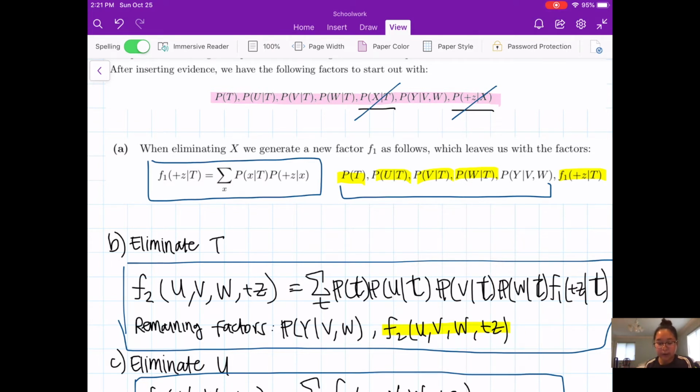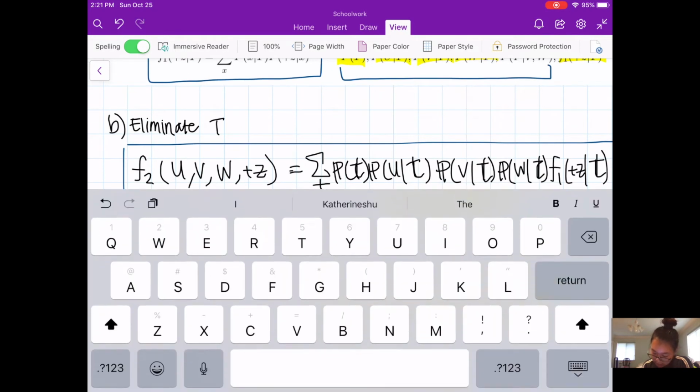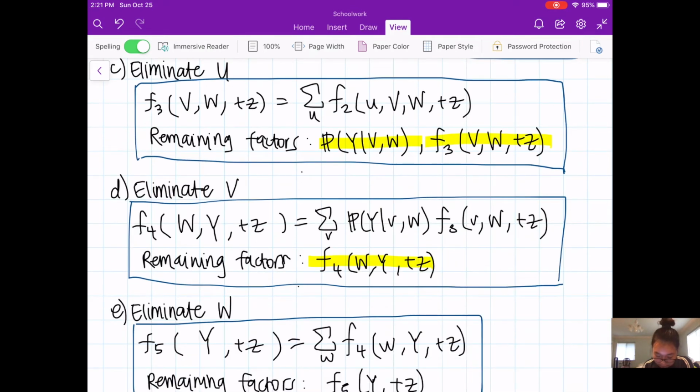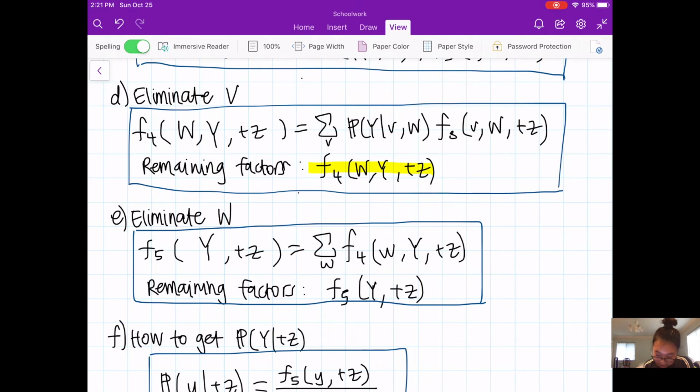So for positive z, there's only one option. So right now, our biggest is just one variable. And then for factor 2, we have 3 variables. And then factor 3, we have 2. And then factor 4, we have 2 as well. Factor 5, we just have 1.